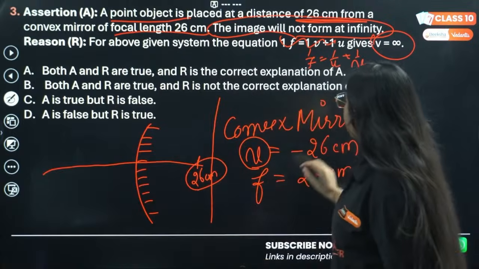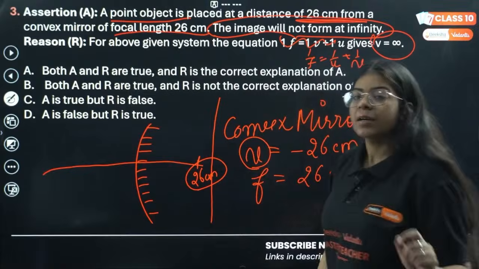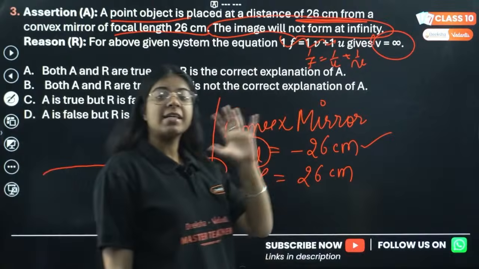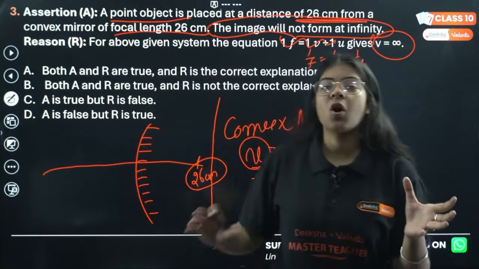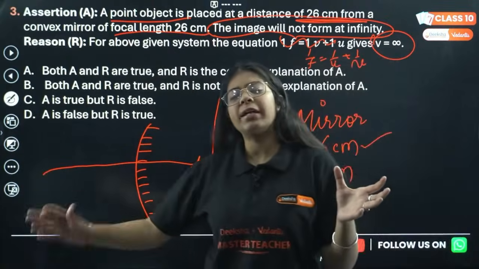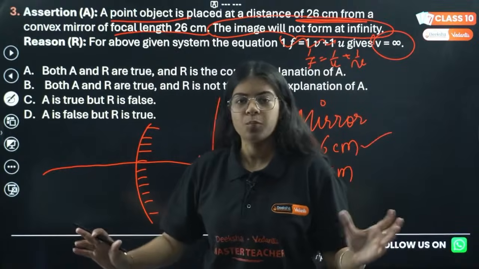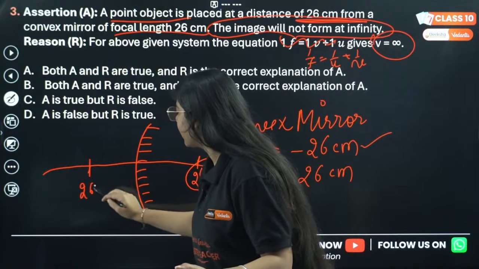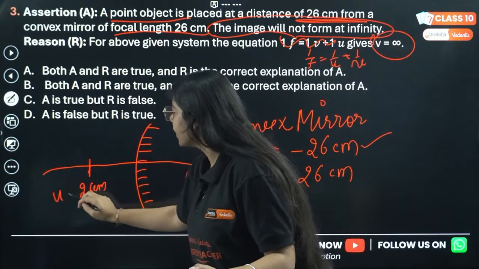Now see, the object distances, we have studied two cases in case of convex mirror. Either the object is at infinity or the object is at any point between infinity and the pole of the mirror. So let's say 26 centimeter is somewhere here, correct? This is my u.